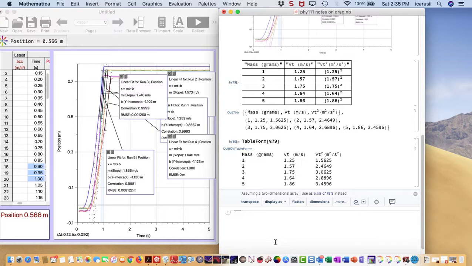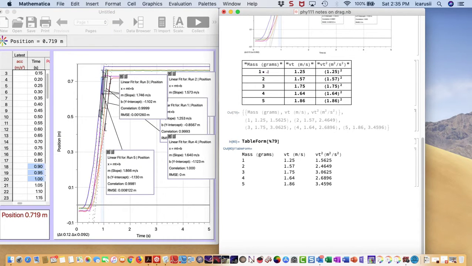Now the question is, how are we going to analyze this? First of all, I can turn my first column, knowing that each coffee filter weighs 0.93 grams. Almost done.